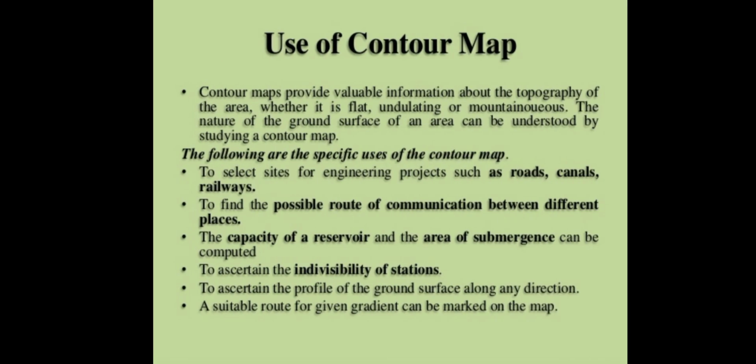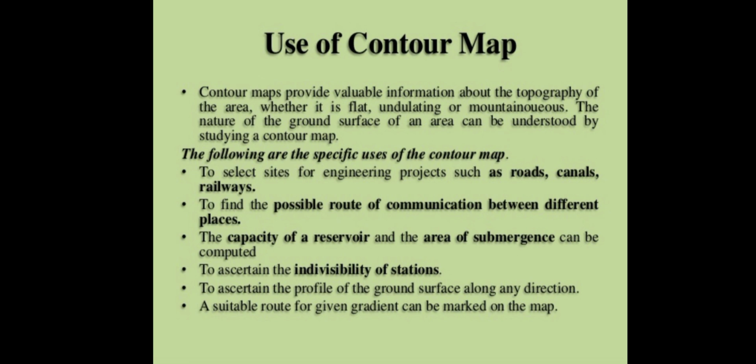What are the uses of a contour map? Contour maps provide valuable information about the topography of the area, whether it is flat, undulating or mountainous. The nature of the ground surface of an area can be understood by studying the contour map.